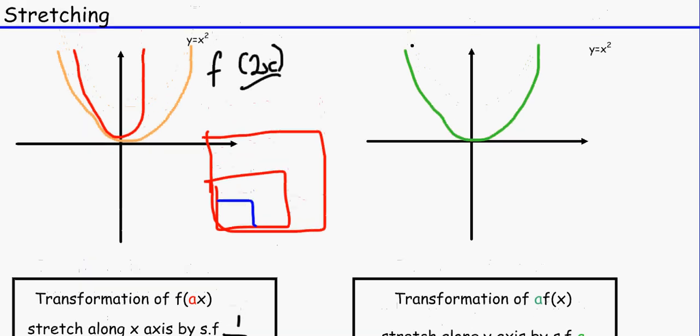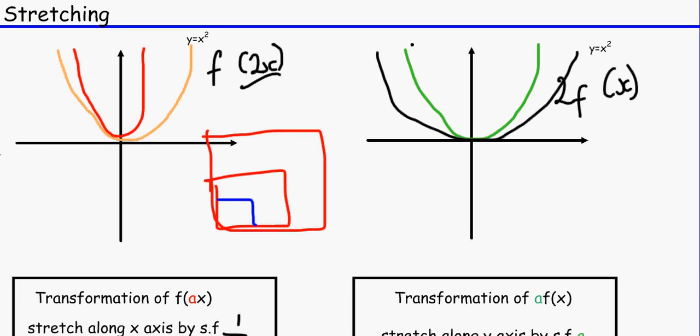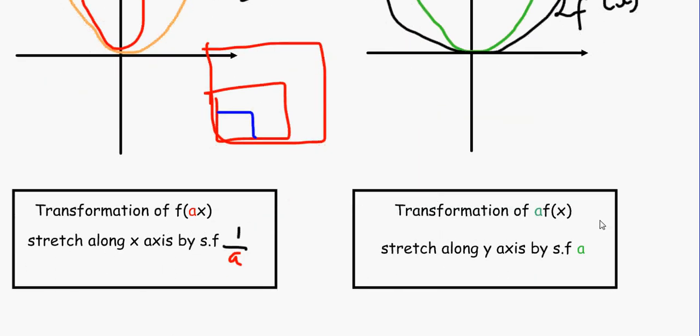So if we want to actually stretch it, we have to put the 2 outside the bracket, and it'll look like 2f of x. That would be stretched 2 times, by a scale factor of 2, and that's what we've written here.